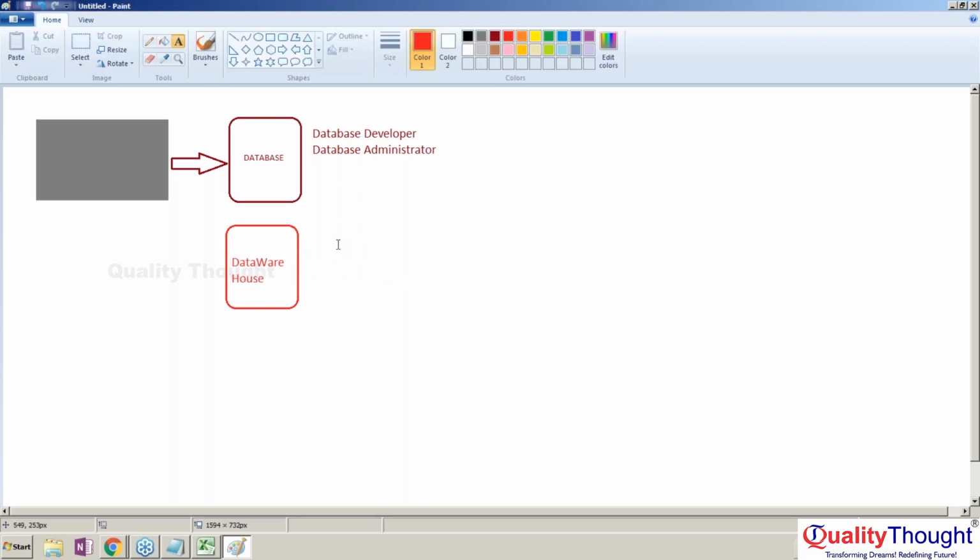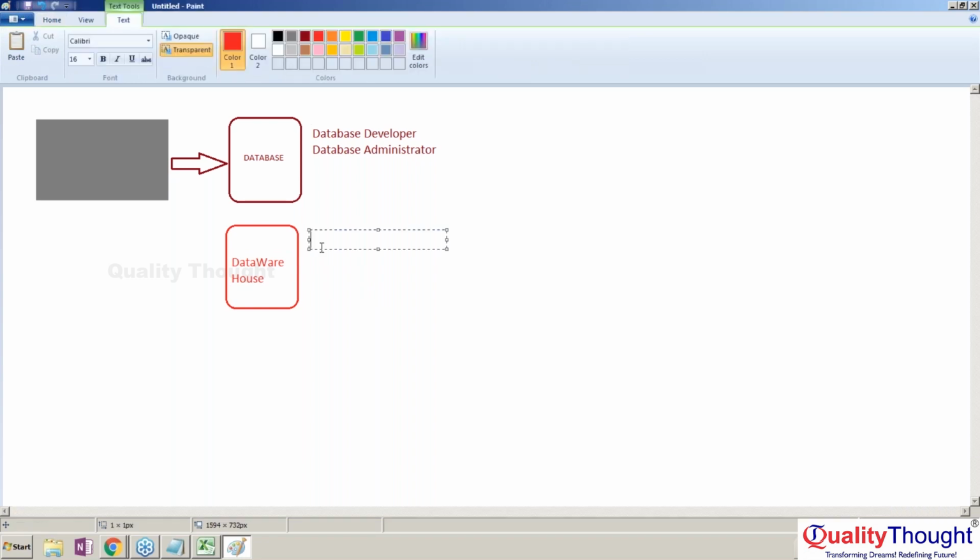What is this data warehouse related to, guys? So I could say all Informatica developers, and DataStage developers, and Cognos developers would come under this part.